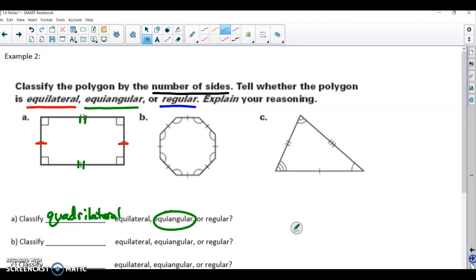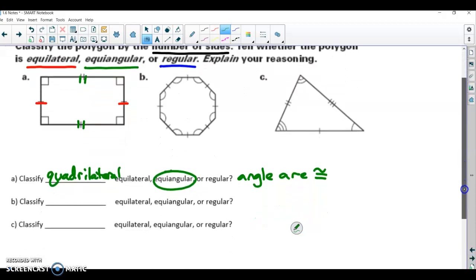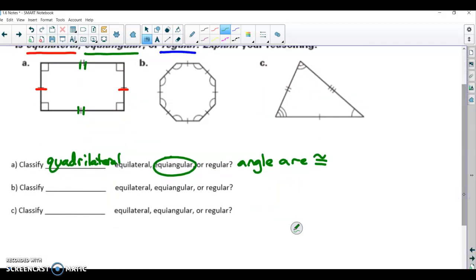And then our reasoning was the angles are the same, but the sides are not congruent. So you could just say angles are congruent. And I'm just going to use the little congruent symbol instead of writing it out. Then B.